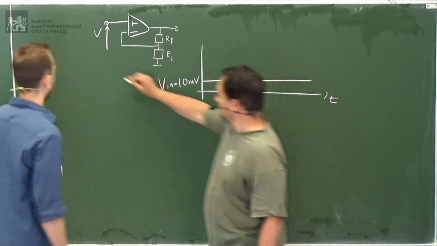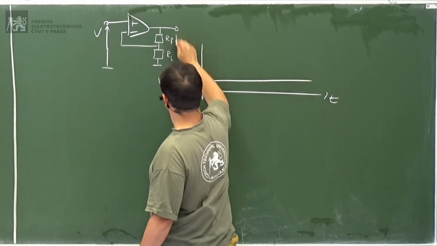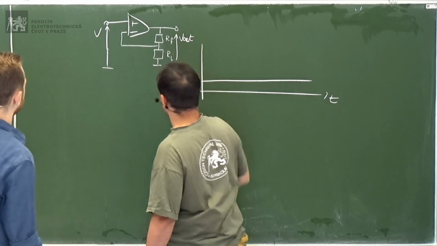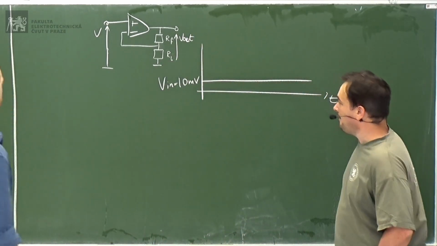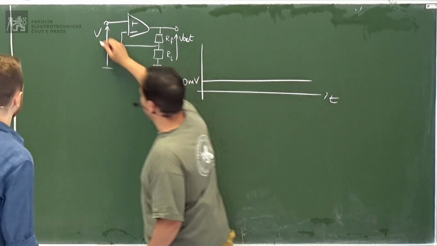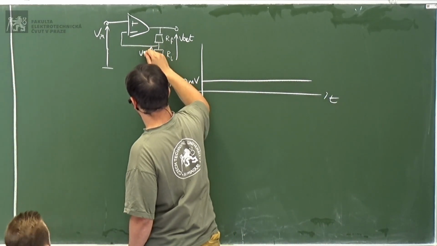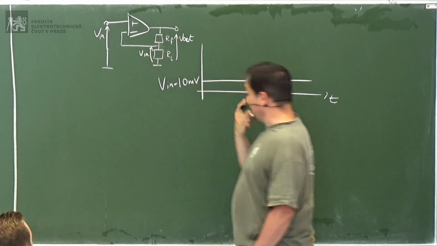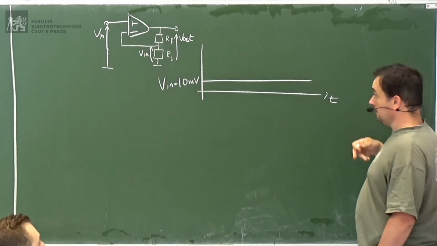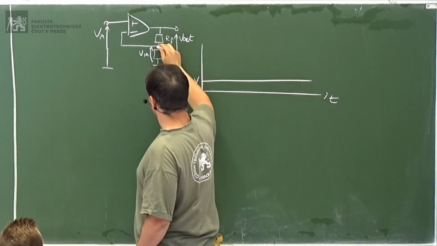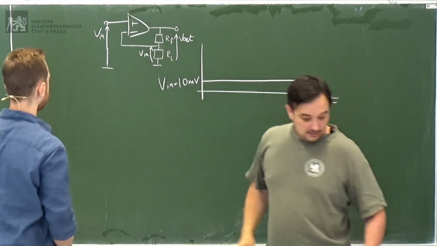And ground. So this is V out. This is V input. We might derive now the formula for the output. So this means the current. Okay, so KCL.